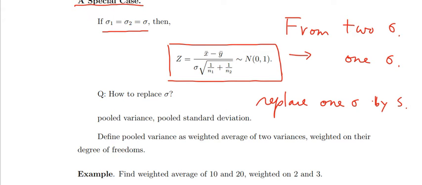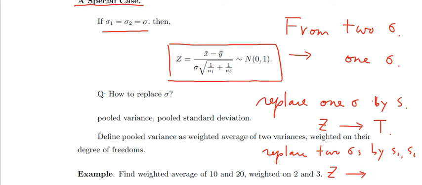If we replace one sigma by S, then the distribution becomes from Z to T. But if we replace two sigmas by S1, S2, then this Z will not become T. So this is the basic idea: if we have only one sigma, then it becomes T.